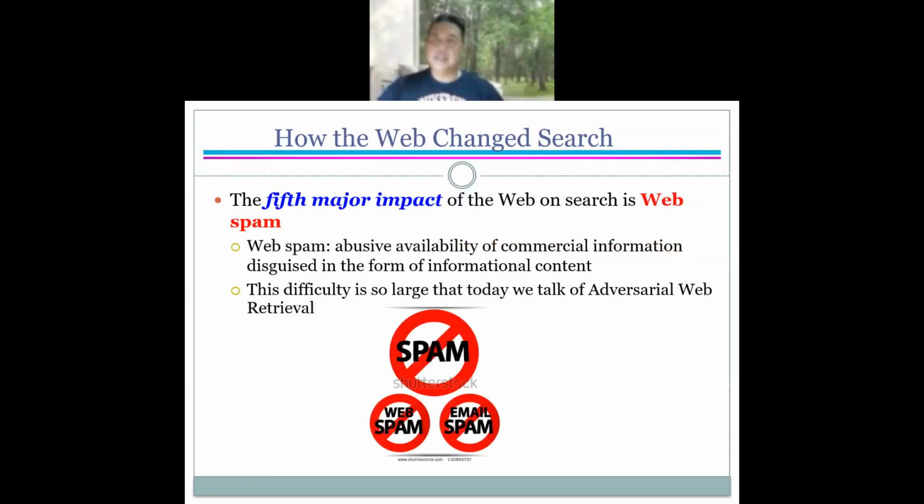The fifth major impact of the web search is web spam. When you have a lot of visitors to your website, you will get money from Google. But the only way to get more visitors is to trick them into finding the information on your website. So they put in a lot of keywords that can attract users to come to their website.